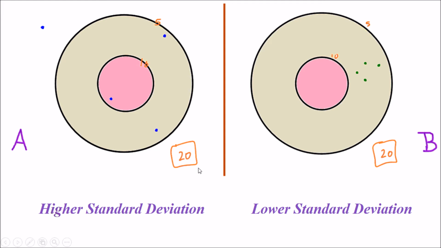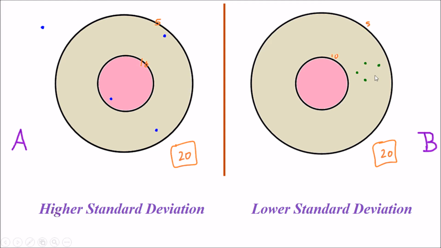However, even though they have the same score, this person has a higher standard deviation because these points are more spread out. This cluster is tighter. It's a tighter shot group. It'd be easier to coach B to be a better shooter because you can see consistently B shot to the right of the bullseye.